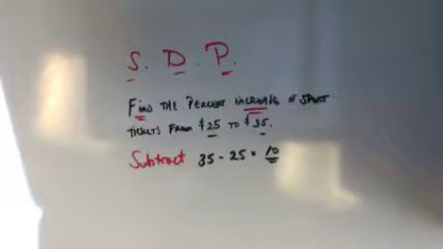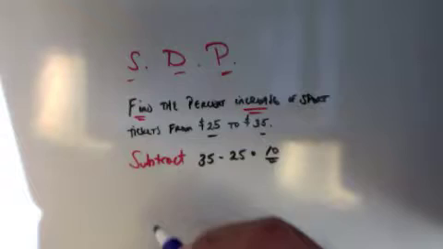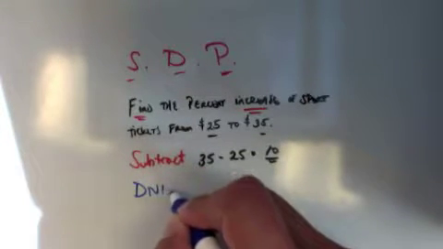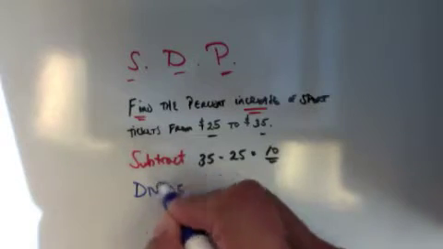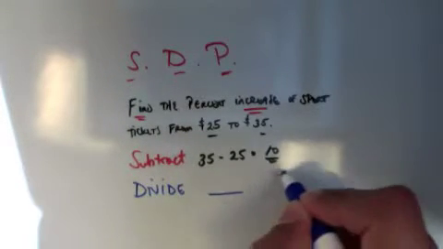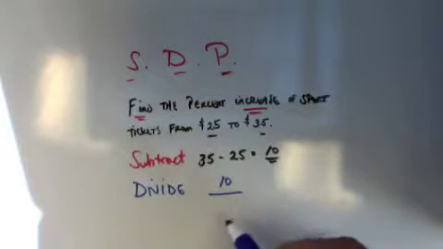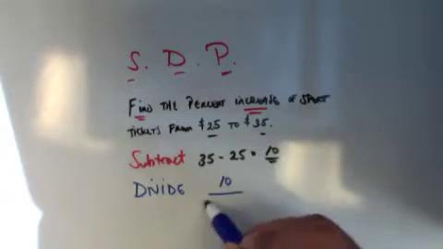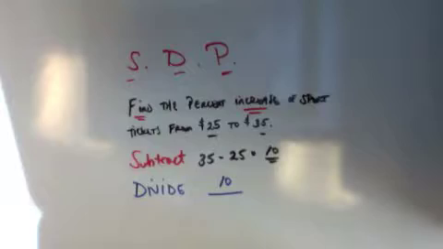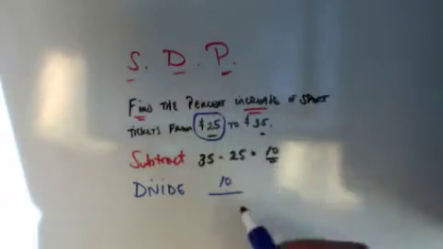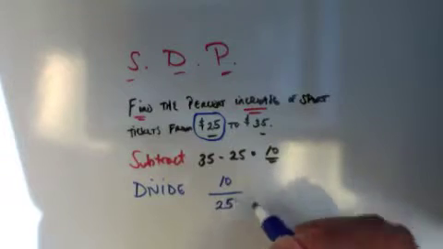Now, when we're talking about percent, we're talking about division. So I'm going to take that 10 and put it on the top, on the numerator. What are we going to put on the bottom, on the denominator? We're going to put the original amount, which is $25.